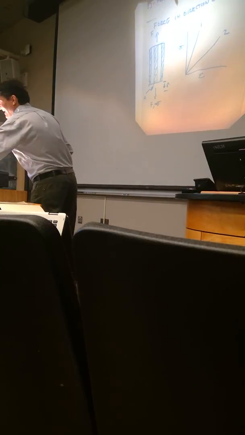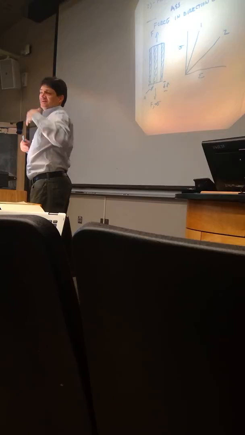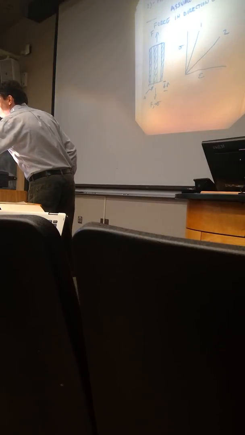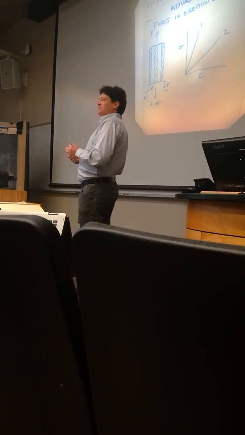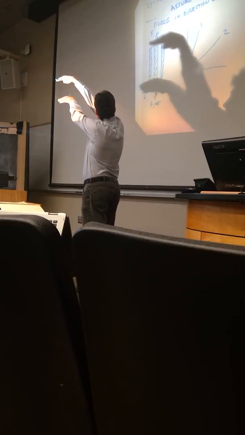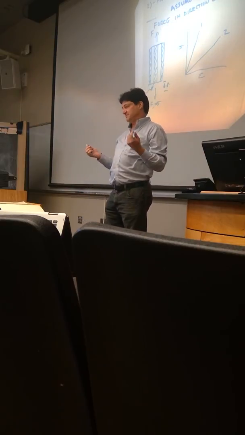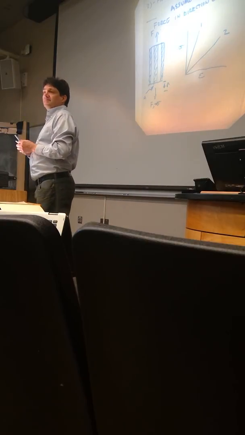This is elastic behavior, so we're assuming there's no fracture or anything like that going on. Assume well bonded, which means that for elastic behavior, we're not going to have any debonding or anything like that. So hopefully if you see this, if you pull here and here, both the fibers and the matrix are going to stretch the same amount. Okay? So on a stress strain curve, how do you represent that?